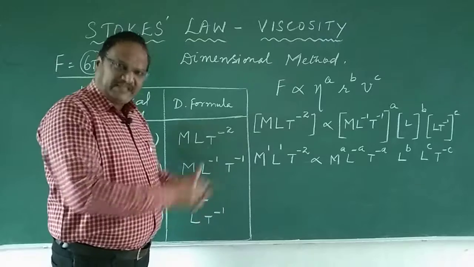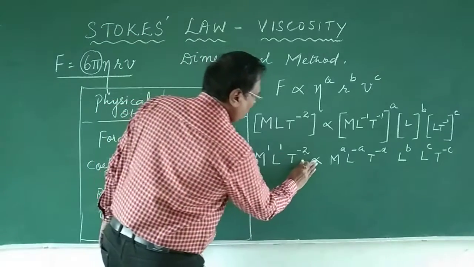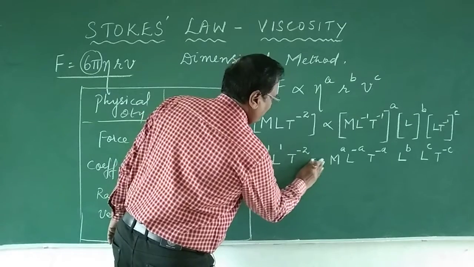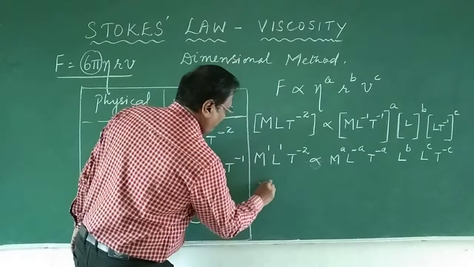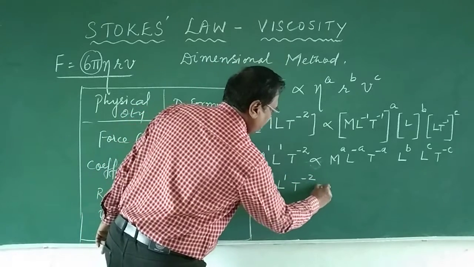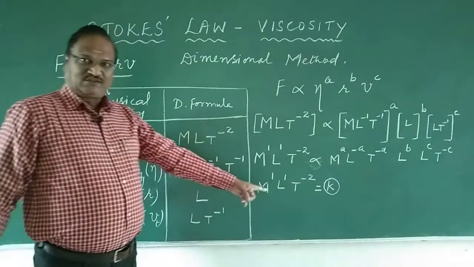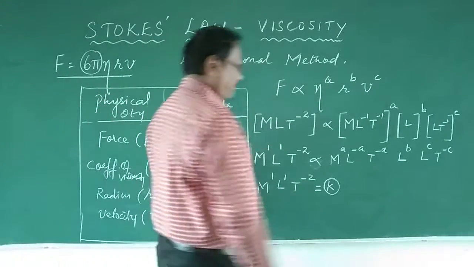Now bring an equal to. M power 1, L power 1, T power minus 2 is equal to a constant k. Circle it so you don't get confused.